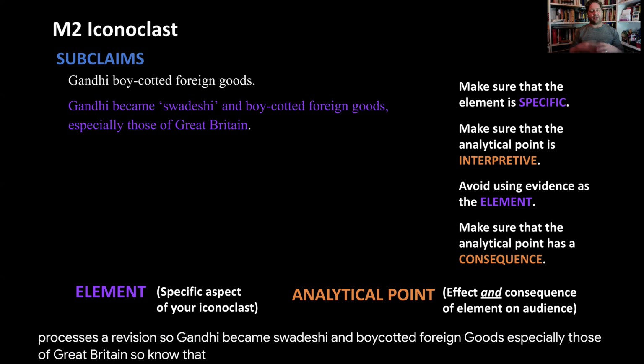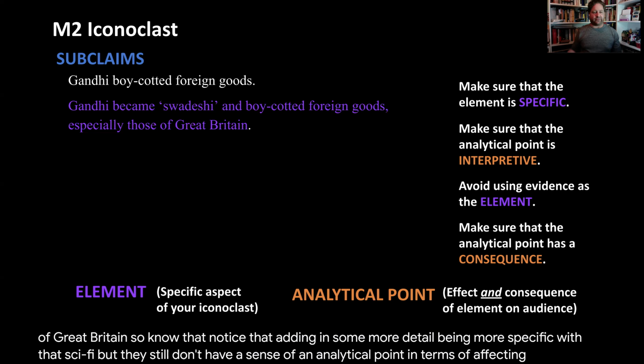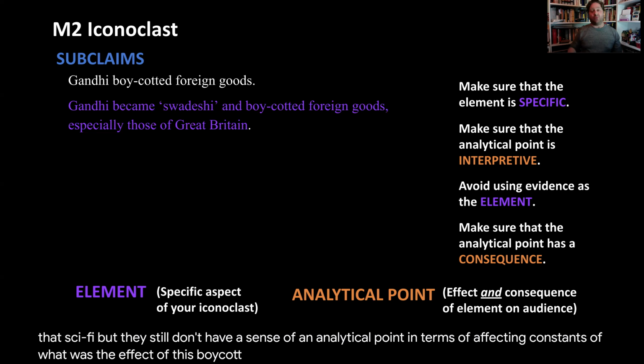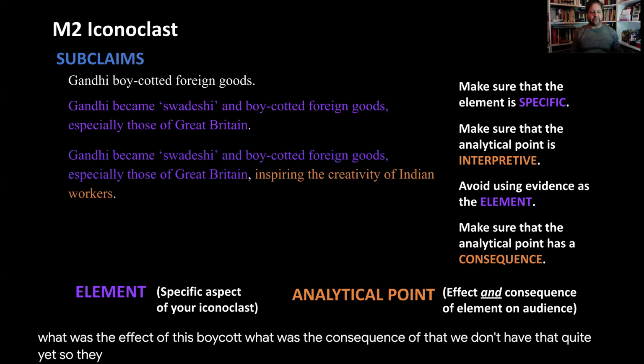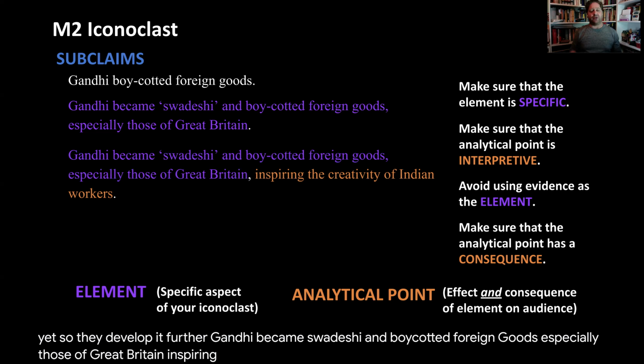So notice that they built up the subclaim a little bit here by adding in some more detail, being more specific with that subclaim, but they still don't have a sense of an analytical point in terms of effect and consequence. So what was the effect of this boycott? What was the consequence of that? We don't have that quite yet. So they develop it further. Gandhi became Swadeshi and boycotted foreign goods, especially those of Great Britain, inspiring the creativity of Indian workers.